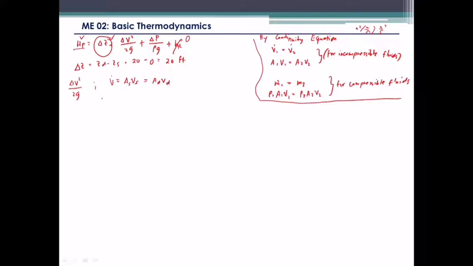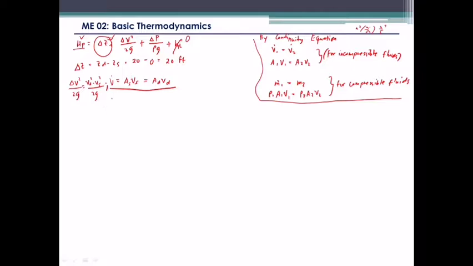So that, this is equal to V at discharge squared minus V at suction squared over 2g. We can get VD or VS using this relation by the continuity equation.